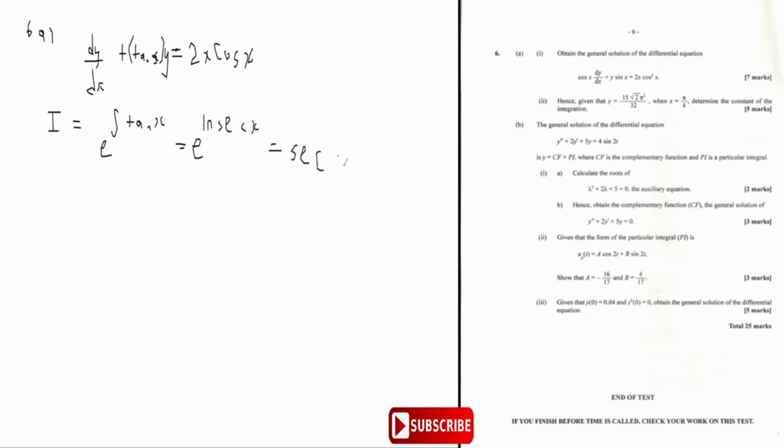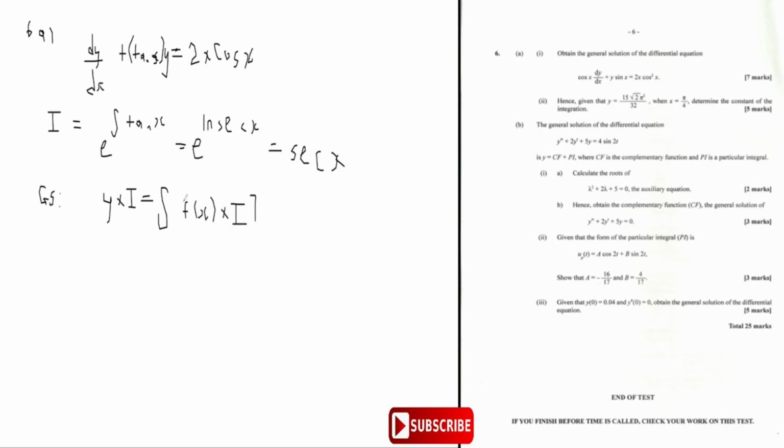All right? Now you write down your general solution. Your general solution, I like to call it GS, is y times your integrating factor I, and it's equal to the integral of your function f of x times the integrating factor I. All right, nice and easy.